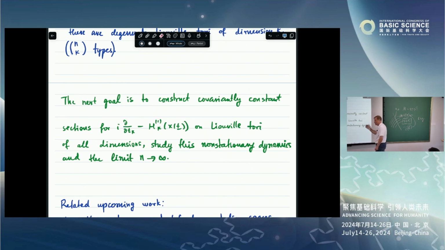And so one of the physically interesting questions is, say, when you fix k and consider the long spin chain, n goes to infinity. So that's the future.